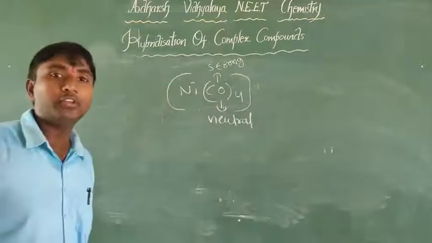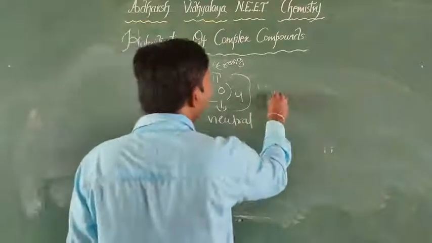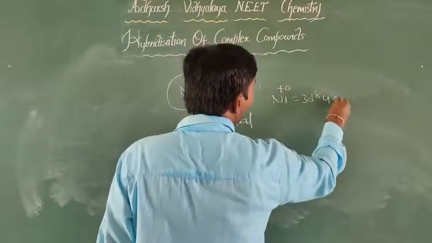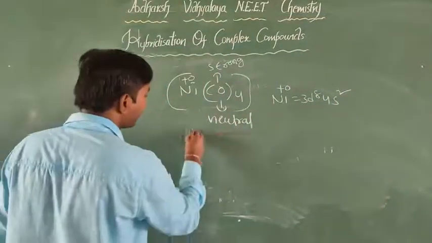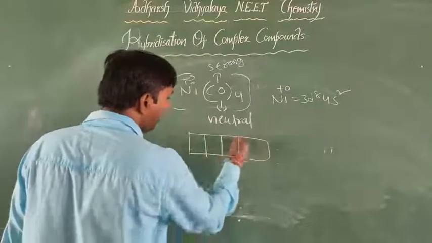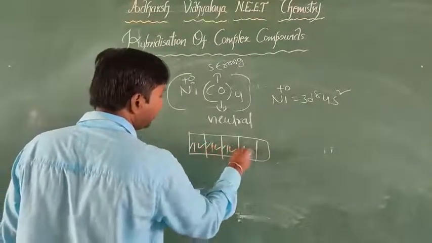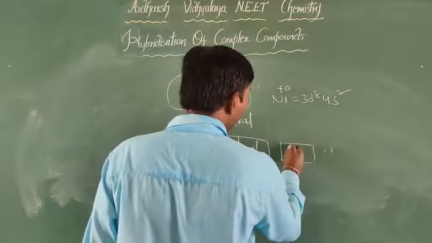The nickel oxidation state is 0. That's why nickel 0 means 3d8 4s2. Now, in the presence of a strong field ligand, electrons undergo pairing. Next, 4s2 is also there now.